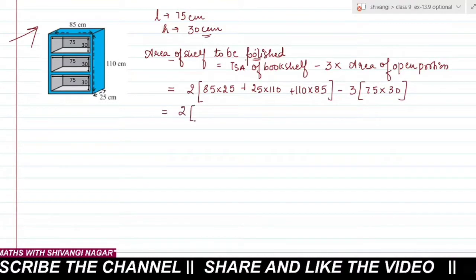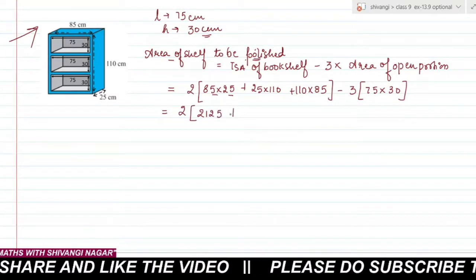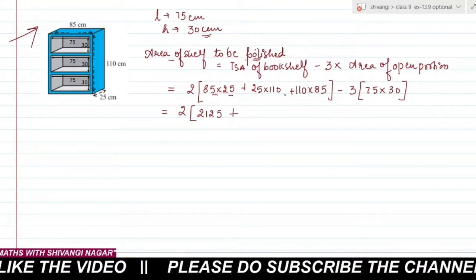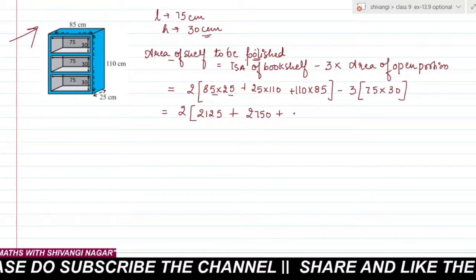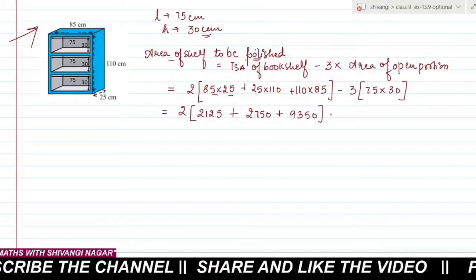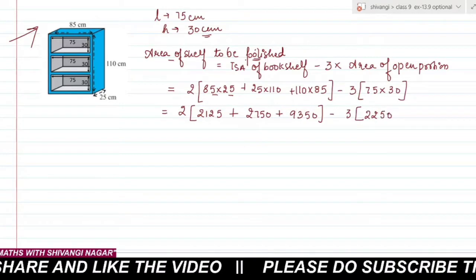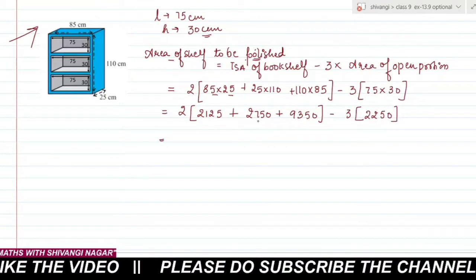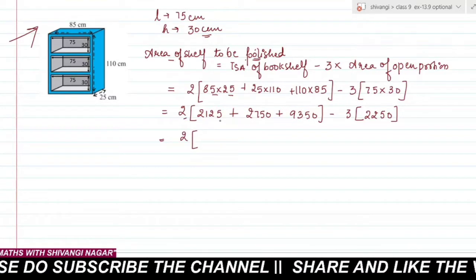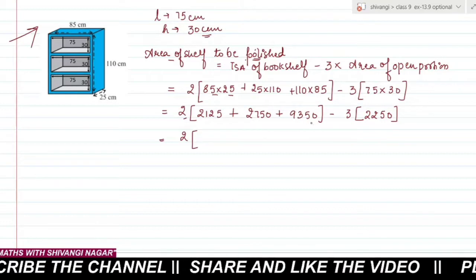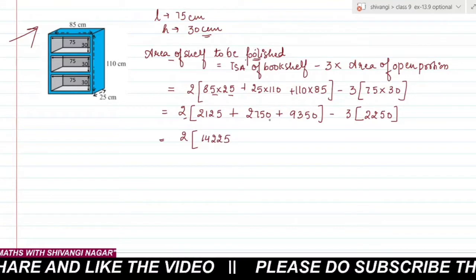So 85 into 25 is 2125, right? Then 25 into 110 is 2750, and 110 into 85 is 9350, minus 3 multiplied by 75 into 30, which is 2250. Then first add all these numbers and then multiply with the 2. When you add 2125, 2750 and 9350, you get 14,225 here.